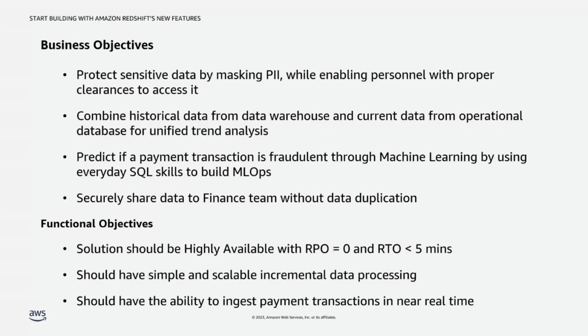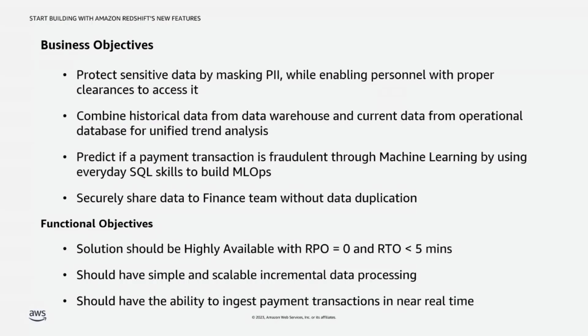For users and roles who should not get access to this sensitive PII data, they should be able to see masked values. They want to open the doors for the data analysts to do trend analytics over their historical as well as current data, and also provide the ability to join their transactional data, which is coming from their operational databases, to this historical and current data.